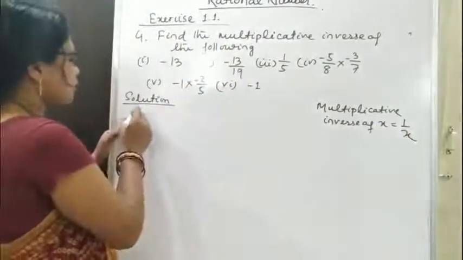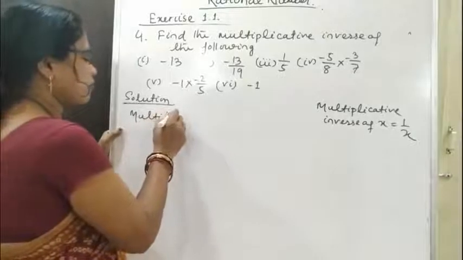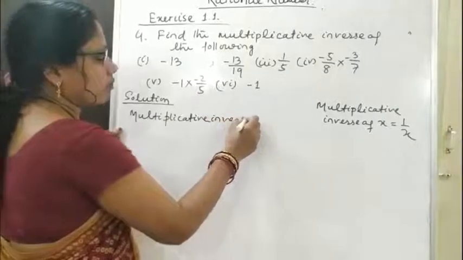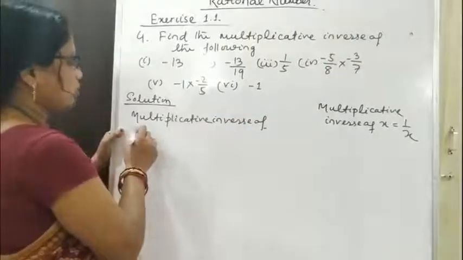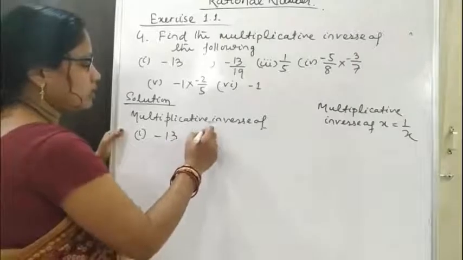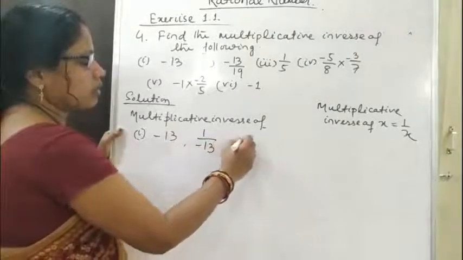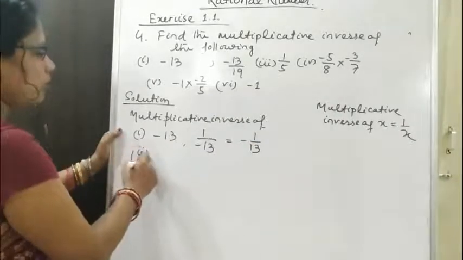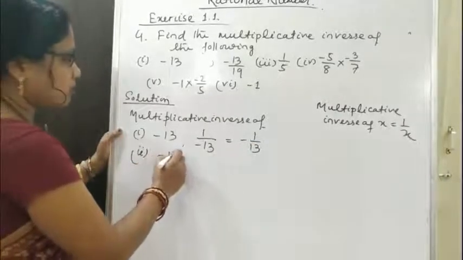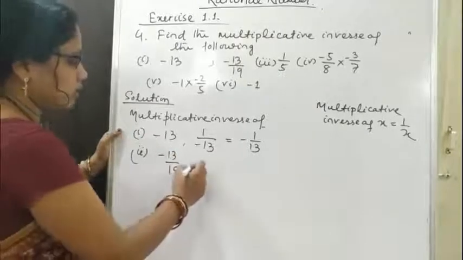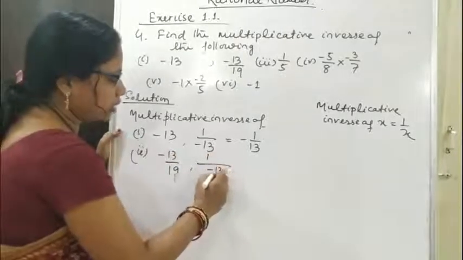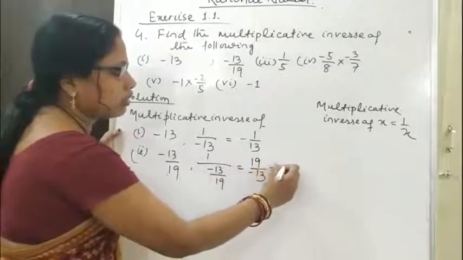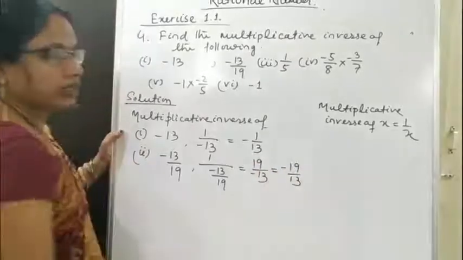So here the multiplicative inverse of the first, minus 13, is 1 by minus 13, that is equal to minus 1 by 13. So part 2, the multiplicative inverse of minus 13 by 19 is 1 by minus 13 by 19, that is equal to 19 by minus 13, or that is minus 19 by 13.